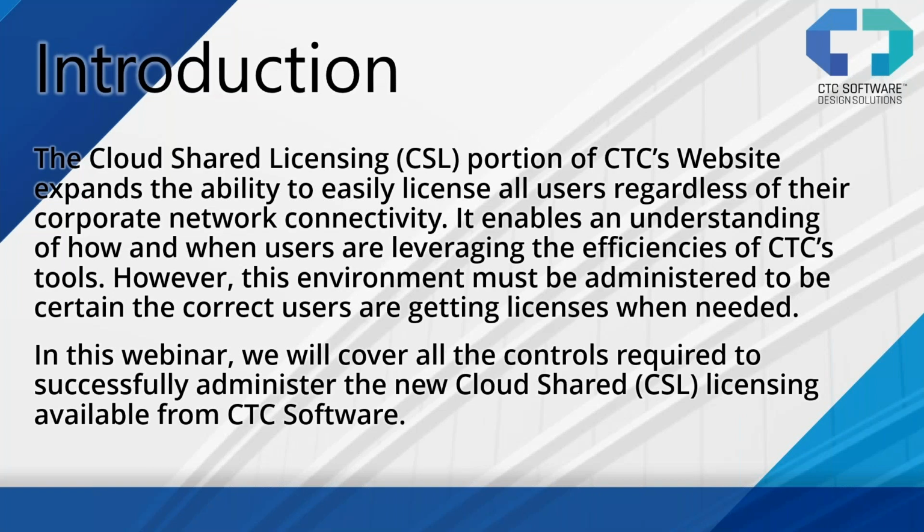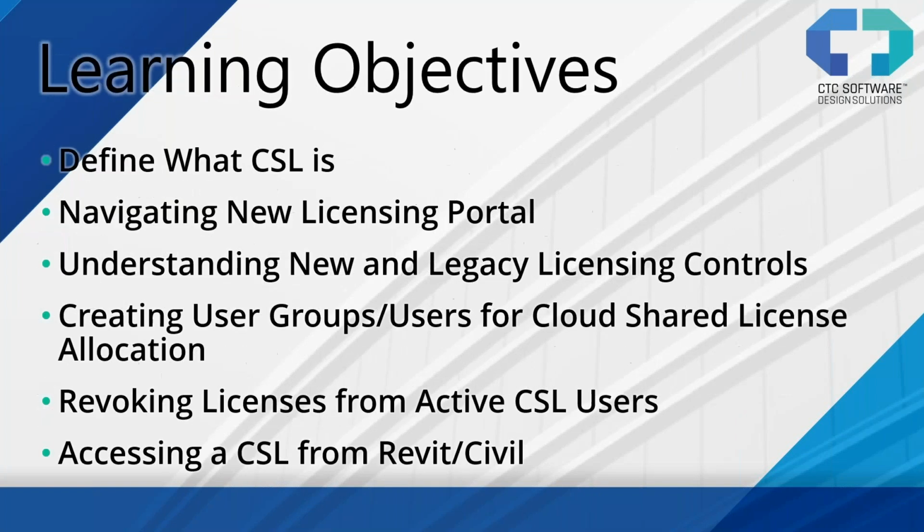So in this webinar, we are going to highlight all of the tools required to activate cloud shared licensing, how to manage it, how to control it, and then how to obtain a license within the application itself. So today, what is cloud shared licensing, or CSL, as you'll sometimes hear us call it?